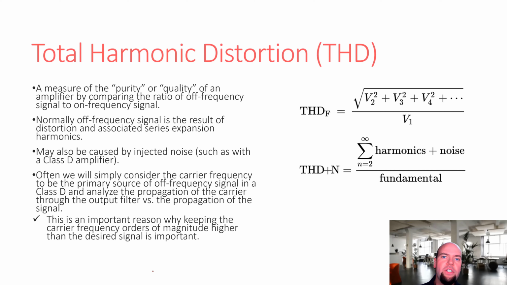So one source of measurable distortion in an audio amplifier is how much signal you get that's not the signal you're trying to amplify. You can measure that by taking the square root of the sum of the squares of the magnitudes of all these off-harmonic voltages, and dividing it by your fundamental voltage.